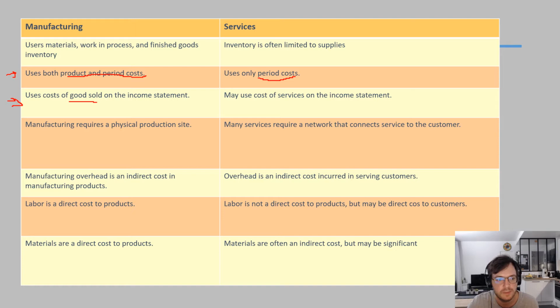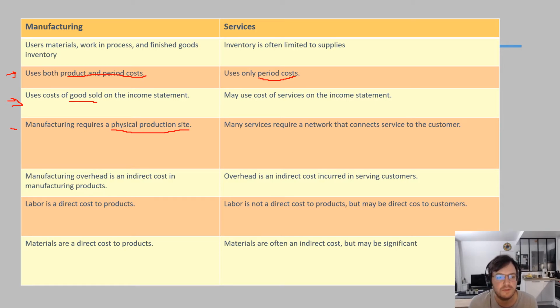Another difference: manufacturing requires a physical production site. On the other hand, many services require more of a network that connects the service to the customer. Here we talk about the banking industry, telecommunications, entertainment, and so on.